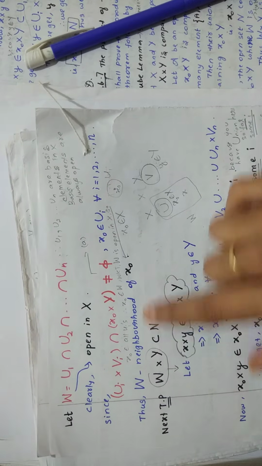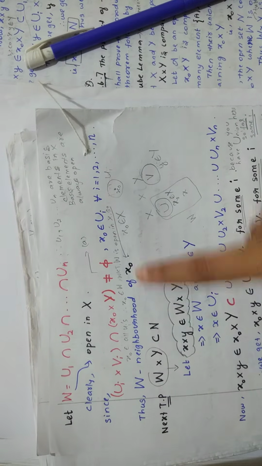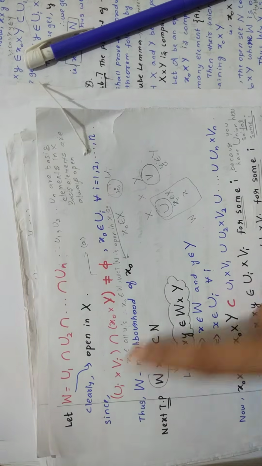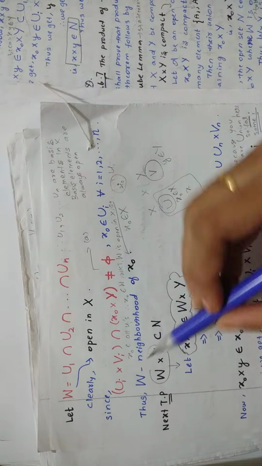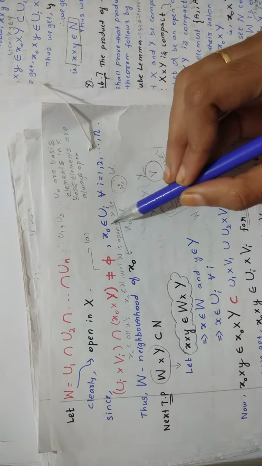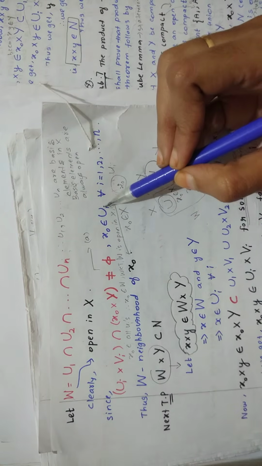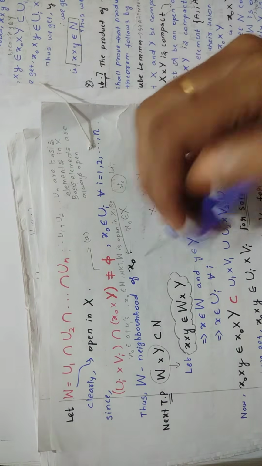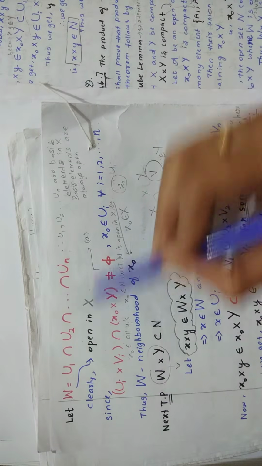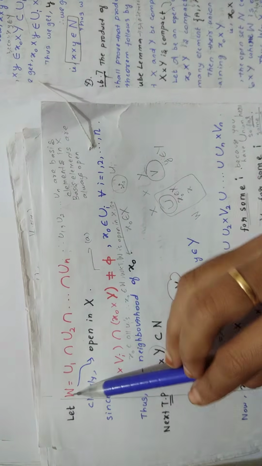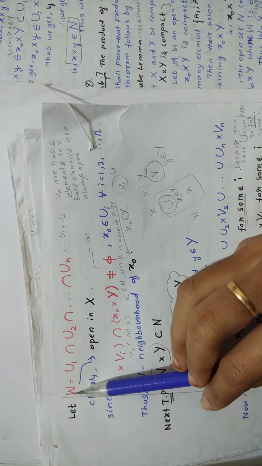I am giving the explanation for this line, how you are saying this W is a neighborhood of x naught. So just above you have written x naught belongs to ui. Therefore, if x naught belongs to all ui, then x naught belongs to W also, right?